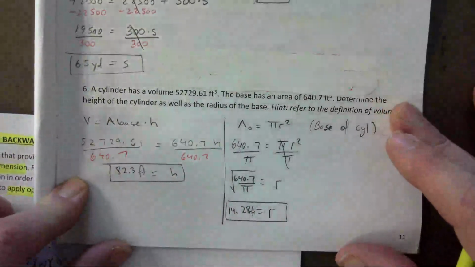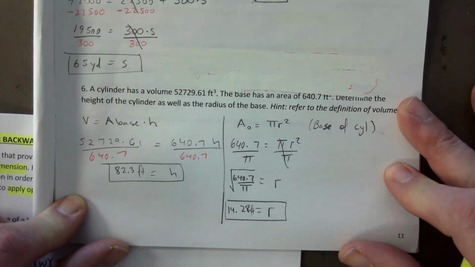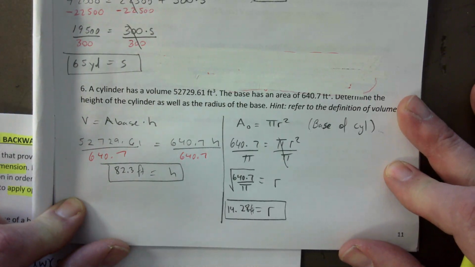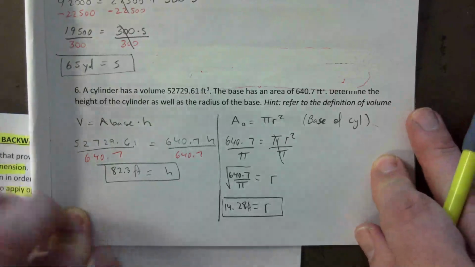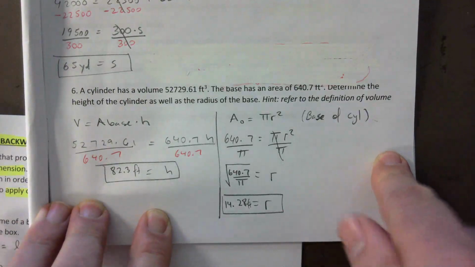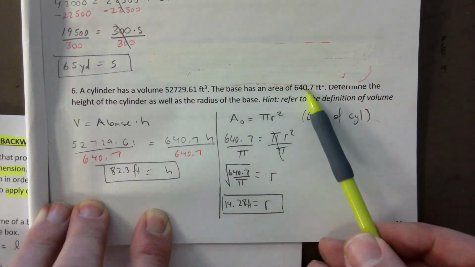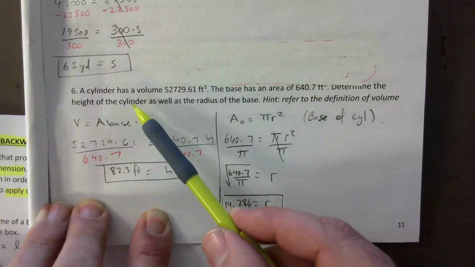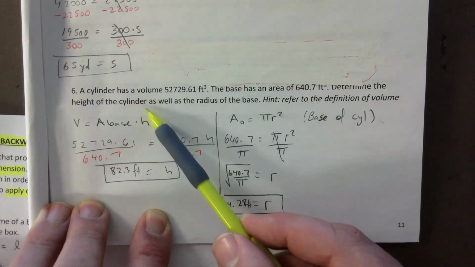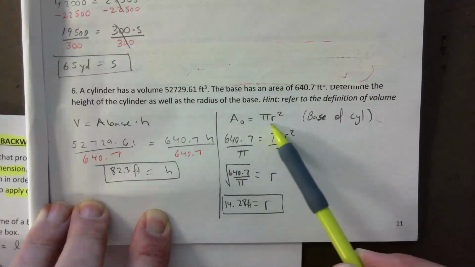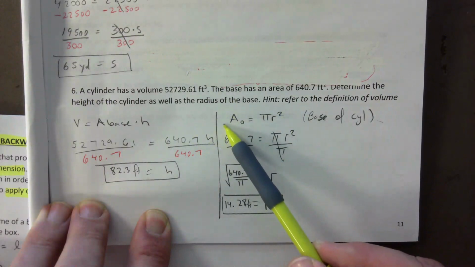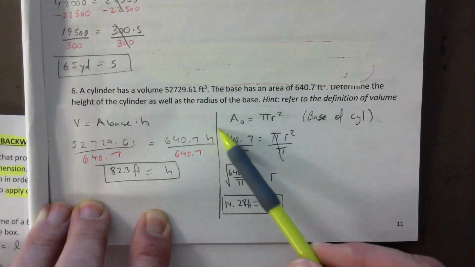And a cylinder, the volume of a cylinder. This one is a little tricky, but if you know the definition of volume, I tell you that the base has an area of this. Determine the height of the cylinder. You need to understand that a cylinder has a circle as its base.